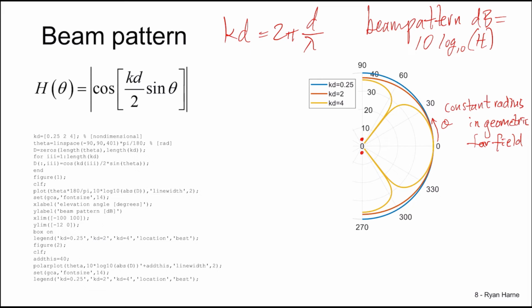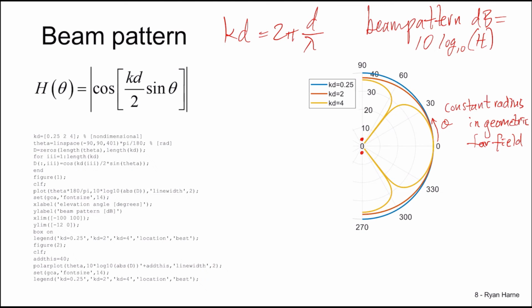What this means is that for KD equal to 1/4 or 0.25, there is no change in the beam pattern. So this is a long wavelength case compared to the characteristic dimension. And in this case, all of the sound is uniformly radiated in all directions angularly.